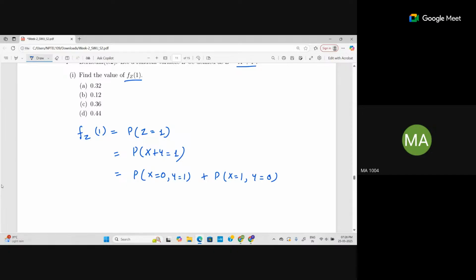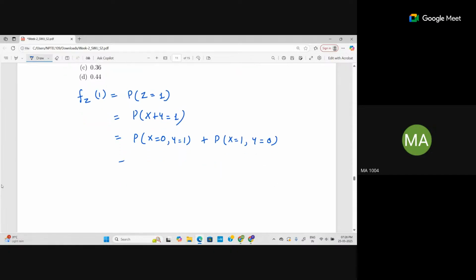These cases will be there. Now, since X and Y are independent, we can write probability X equals 0 multiplied by probability Y equals 1, plus probability X equals 1 multiplied by probability Y equals 0.